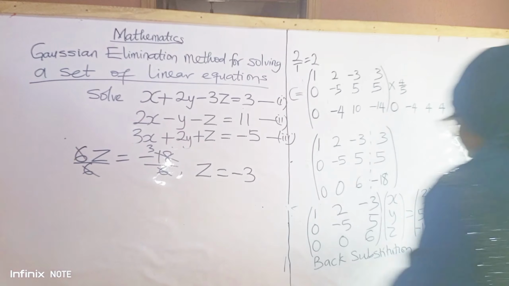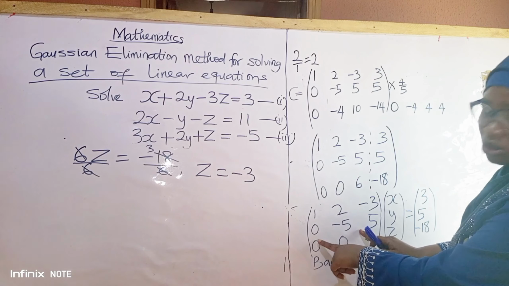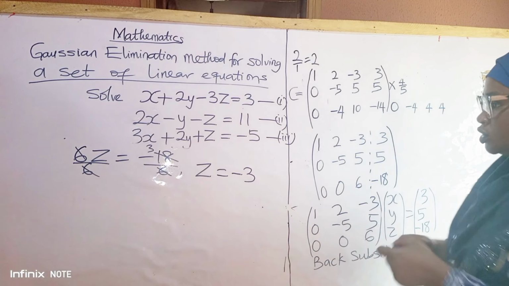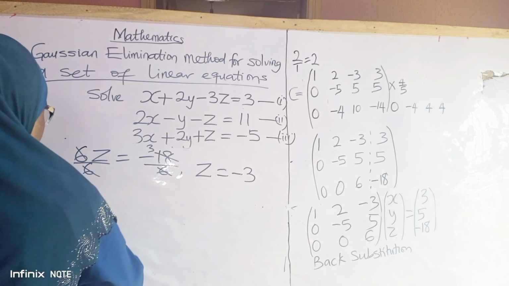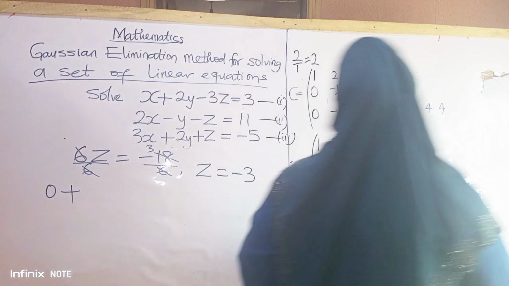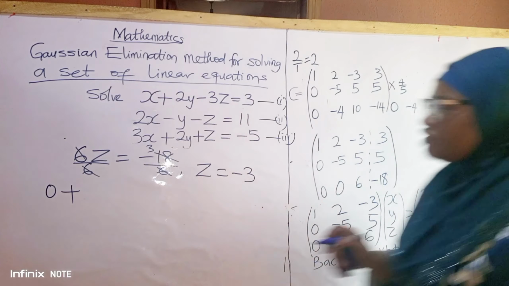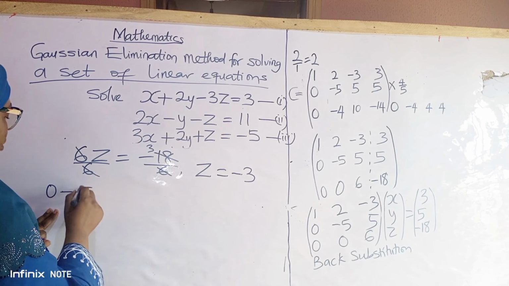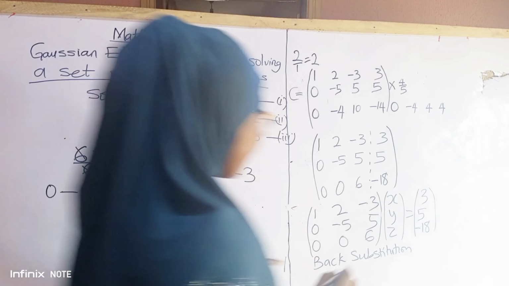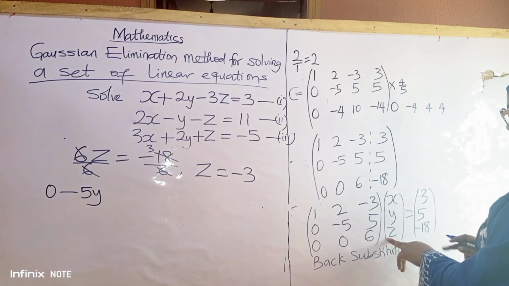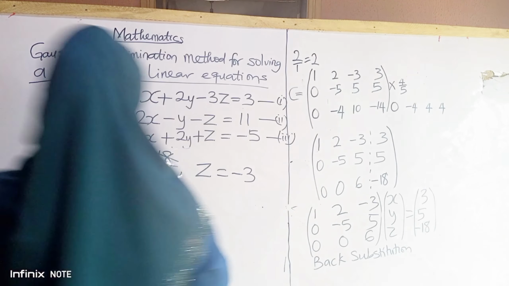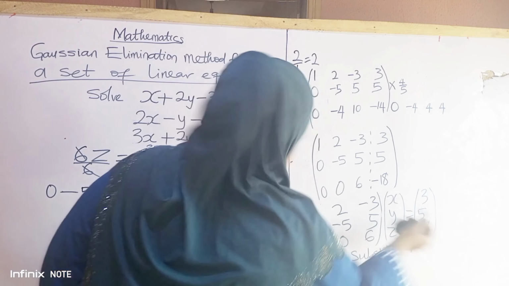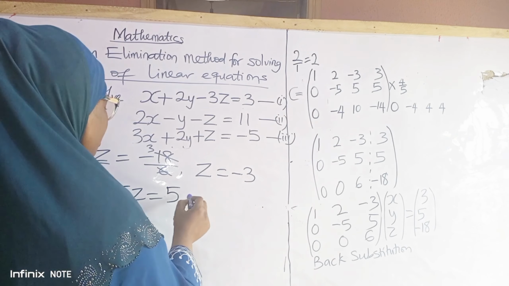The other thing that we need to do here is to go to the second row. So 0 multiplied by x, that is 0, plus minus 5 multiplied by y, that is minus 5y, then 5 multiplied by z, that is plus 5z, is equal to 5.